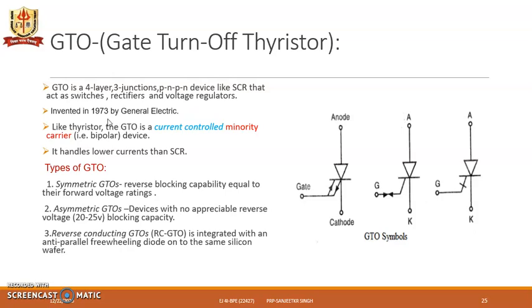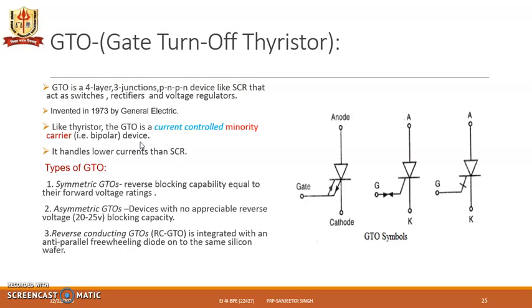GTO was invented by General Electric and included in the thyristor family in the year 1973, and similar to thyristor, GTO is also a current controlled device and minority carrier device, that is, bipolar. It differs from the conventional thyristor in that it is designed to turn off when a negative current is sent through the gate, thereby causing the reversal of the gate current and turning it off.